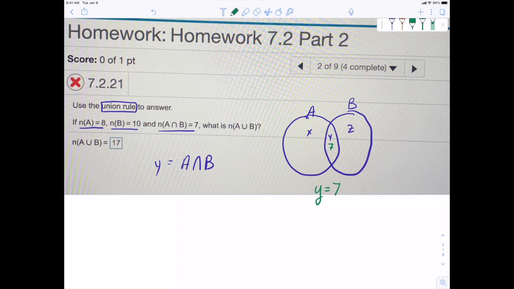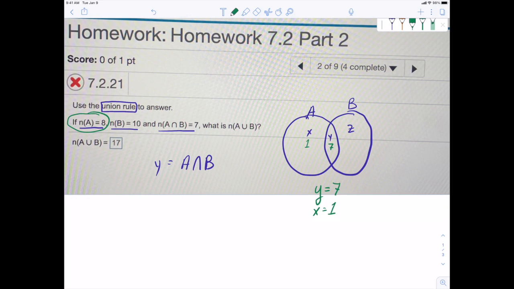Does that make sense? So now if A has 8 things in it and Y has 7, then X must have 1, because if A altogether has 8 things in it and it shares 7 with B, then it has one thing that it doesn't share with B. So now we have X equals 1.